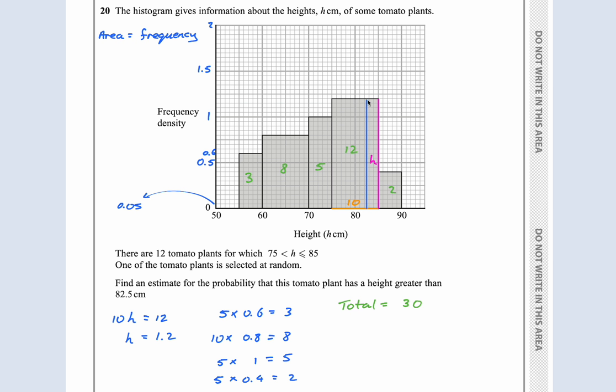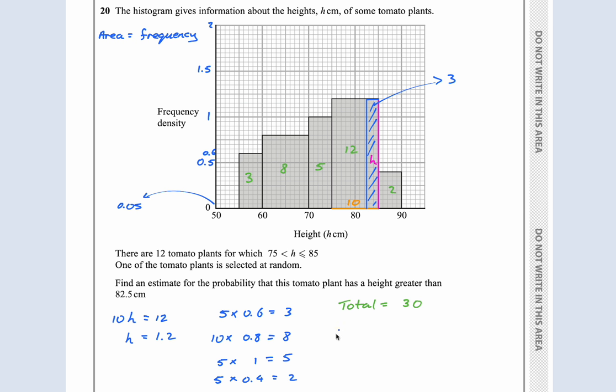It's halfway between two of these boxes, but more importantly, guys, it is a quarter of this 12. So it's 3. So this is 3 because it's a quarter of this total area.